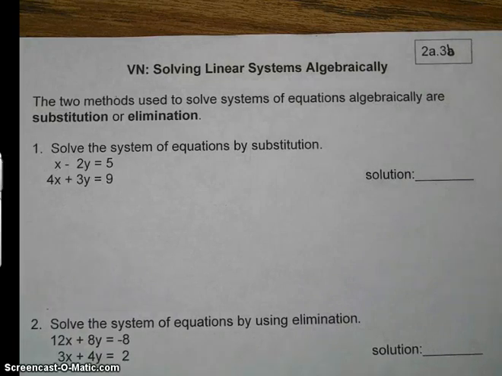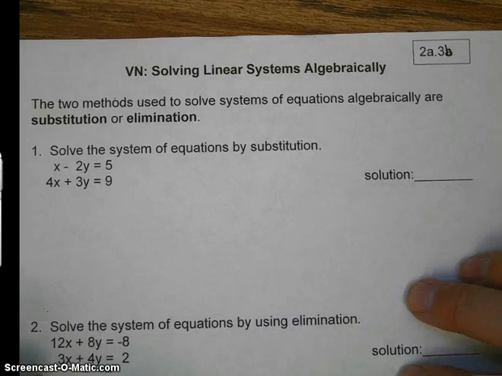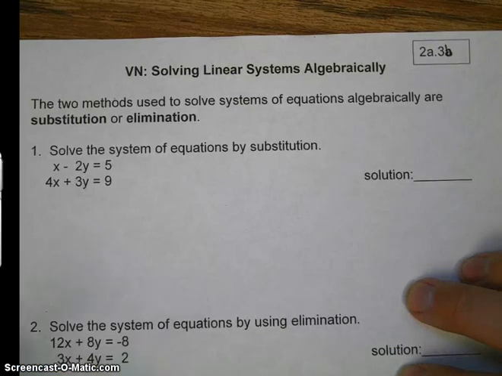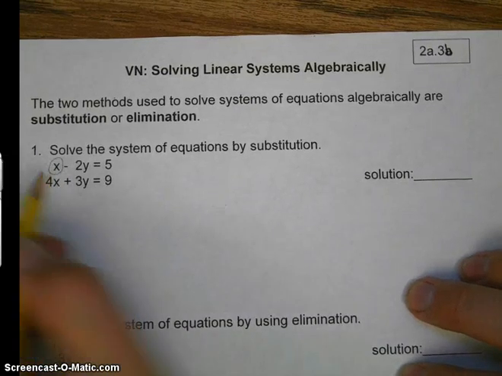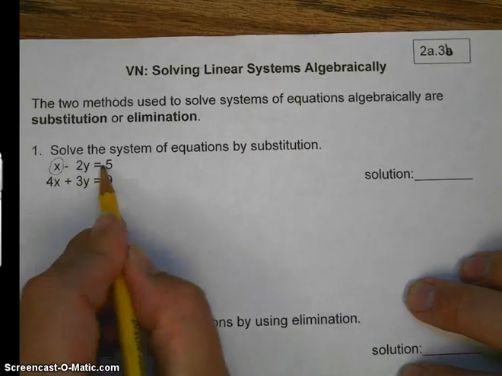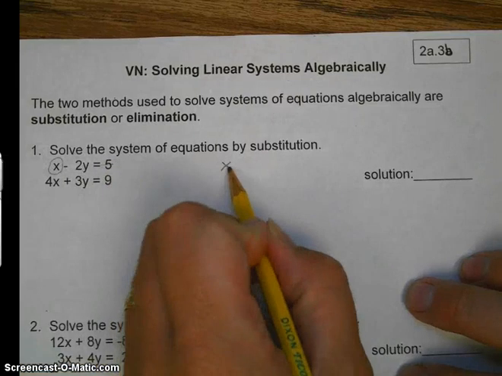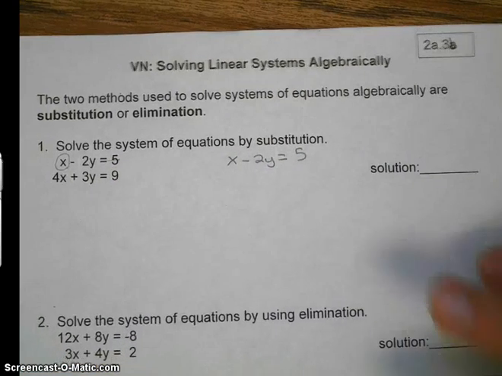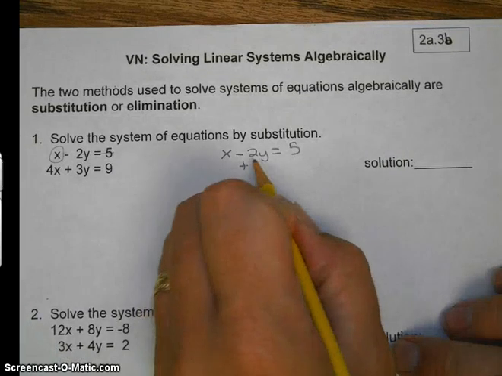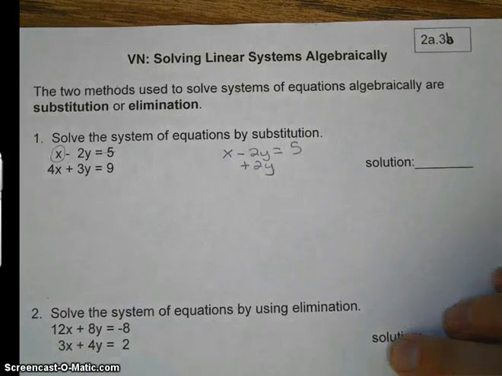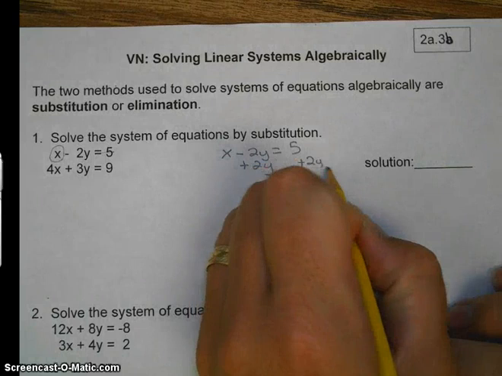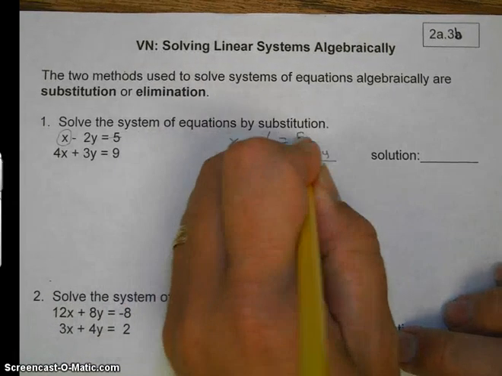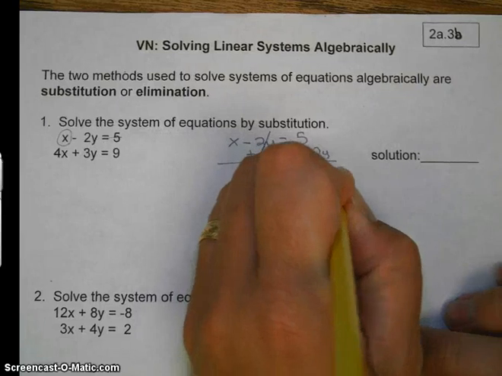So when you're solving by substitution, the first thing you need to do is solve one of these equations for a variable. Since this is almost by itself, I'm going to solve this first equation for x. I'm going to cancel out the 2y by adding it, and so we end up with x equals 5 plus 2y.